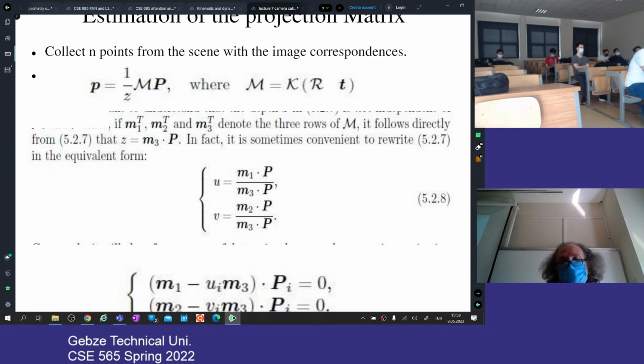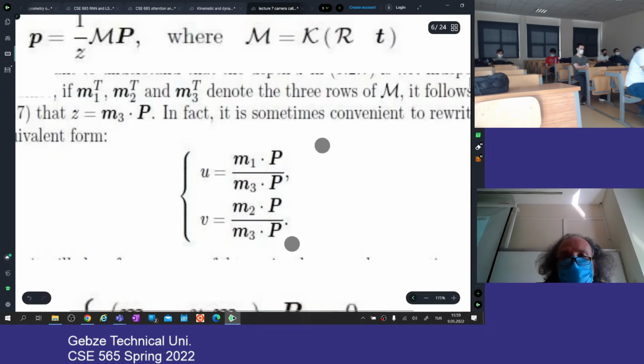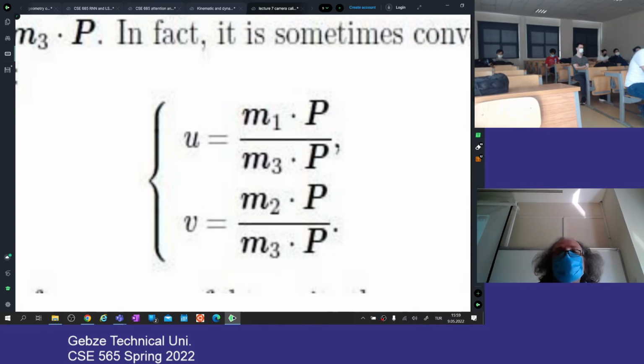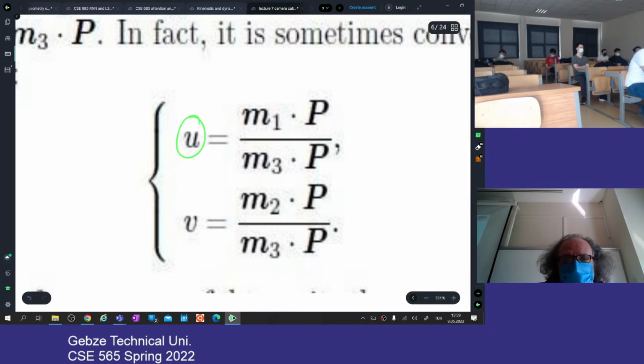You get the V component. So which ones are the knowns in this set of linear equations? Do I know U's and V's?